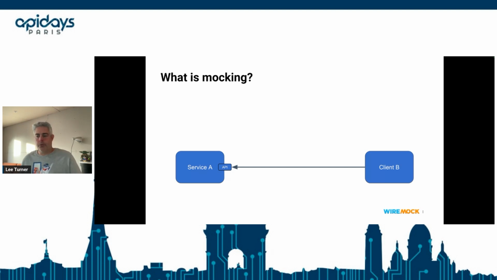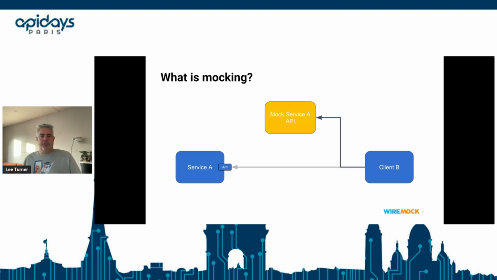So with mocking, we're essentially trying to do something like this, where we provide a realistic or real enough mock of service A that we can use, so we can start the work on client B alongside service A. And that mock will walk and talk exactly like service A, to the point where the calling client won't know whether it's speaking to the mock or to the service.